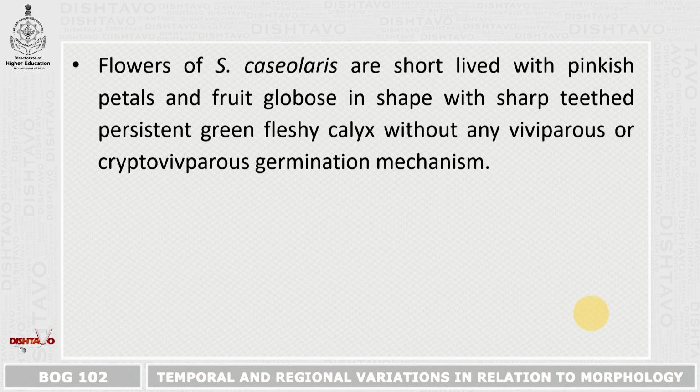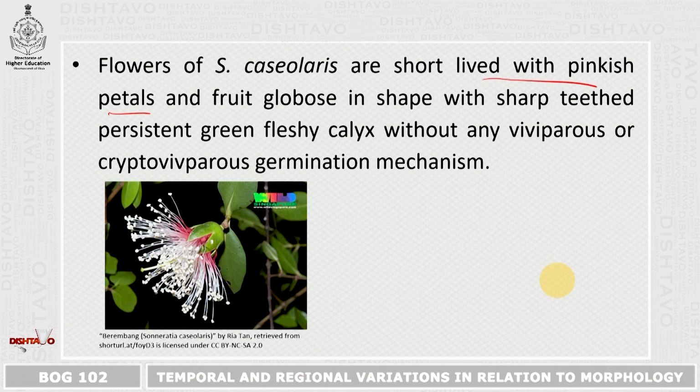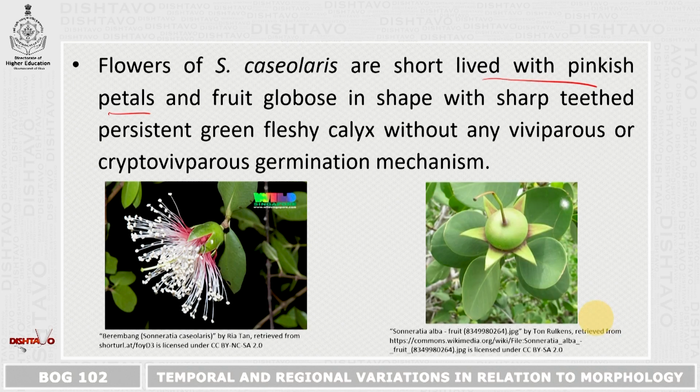Flowers of Sonneratia caseolaris are short-lived with pinkish petals and fruit as globose in shape with sharp teeth, as you can see here. Persistent green fleshy calyx without any viviparous or cryptoviviparous germination mechanism.